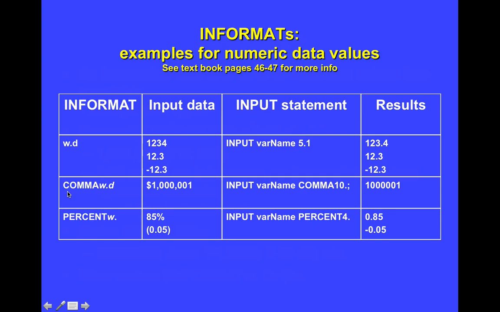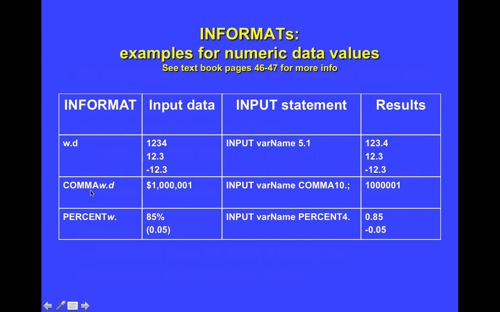So the syntax for this informat is simply the word comma and then w.d. And this type of informat is again an informat that SAS programmers have already created. It's a part of the software. It comes with certain rules and instructions that SAS understands. And if you apply this informat to a variable, it will follow the rules and instructions that come with it.